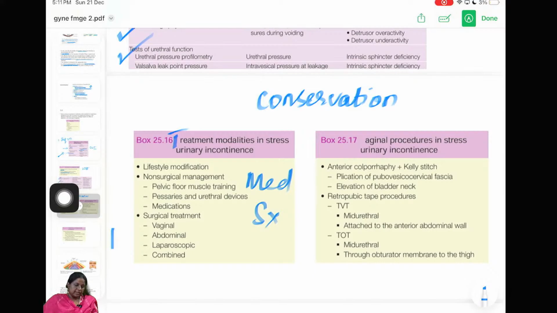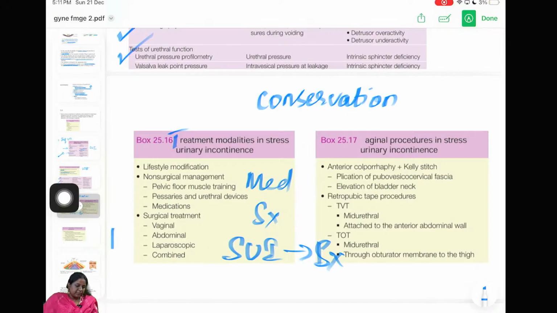Okay, so medical management and surgical management. So here what happens is usually SUI is a condition where it is always managed surgically, because what is the cause? It is two things. One is hypermobility and second thing is intrinsic sphincter defect. Okay, so what you have to do is you have to tighten the area which is loose.